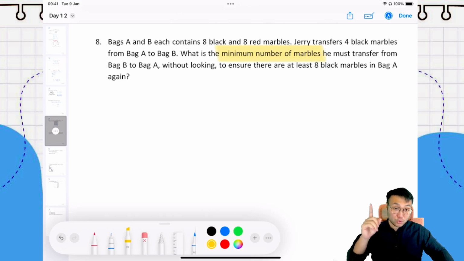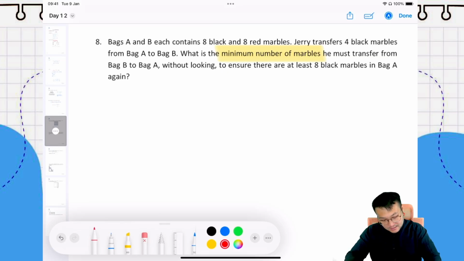That means he cannot choose the color. He's covering his eyes like that. He must just grab some marbles and transfer them from bag B back to bag A to ensure that there are at least 8 black marbles in bag A again.